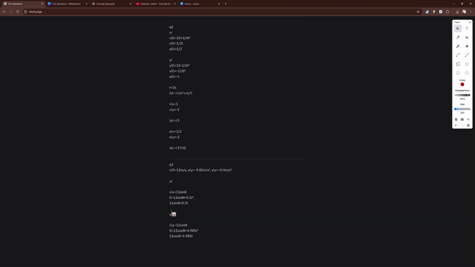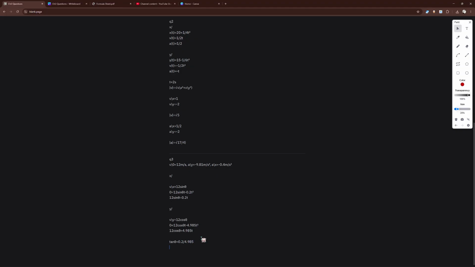And now, as you can see, we have two things that we can divide. When we divide out, the 12s cancel, and the t's cancel too, and we get tan theta is equal to 0.2 over 4.985. Then we take the inverse tan, which gives us a final answer. Let me get this into the calculator.